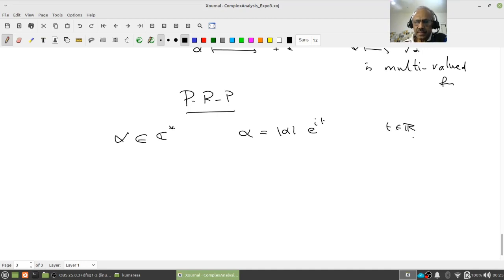Then if I want to choose a square root, notice that mod alpha is a positive, non-zero real number, therefore there is a unique square root. This is no problem. So I only have to take the square root of this, but then this is e power i t by 2. You will say, where is the problem?